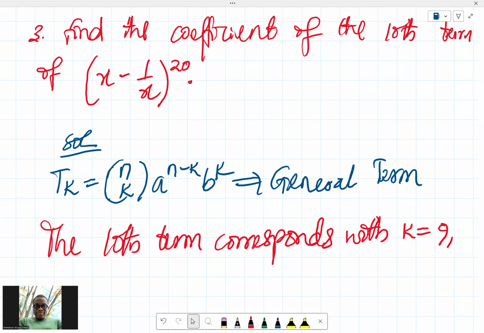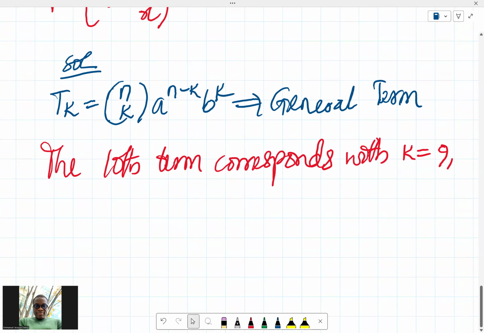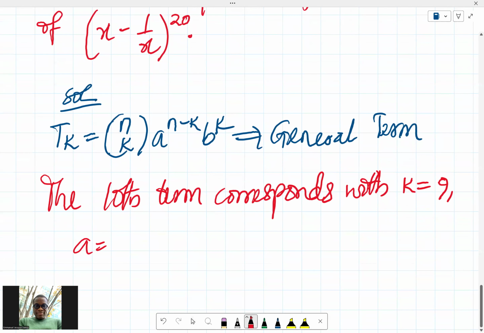If you're going to the 10th term, you go a step before. In this case, our a is x and our b is minus 1 over x. So don't leave the minus behind. It's very important. So b is minus 1 over x. And of course, n here is 20. That's from the original question.